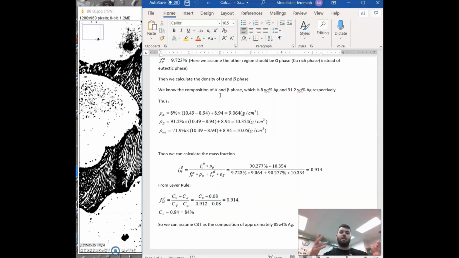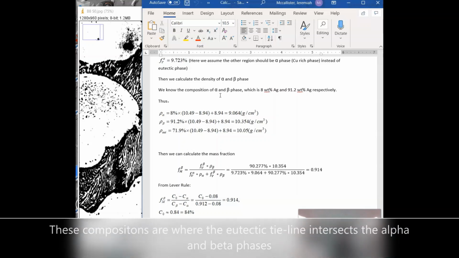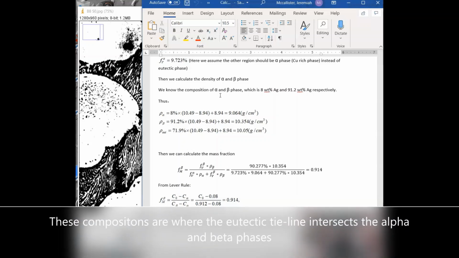So we're going to say that at the eutectic point, alpha has a maximum silver concentration of 8%, and beta has a maximum silver concentration of 91.2%. Those are the ends of our tie line.